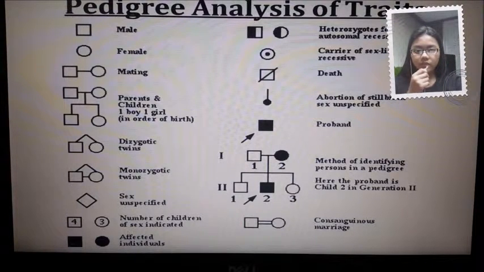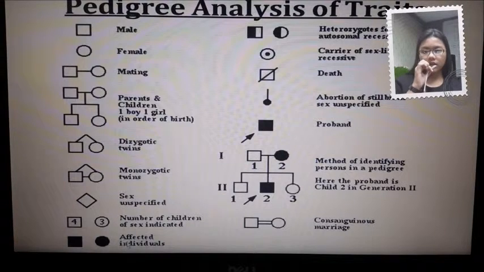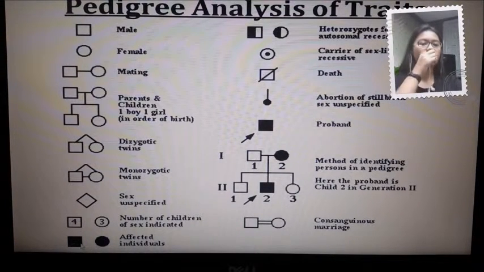These things are not very much used during our analysis though, so we wouldn't be using this and also this. This is the affected individual's legend, having a dark shade inside the shape.